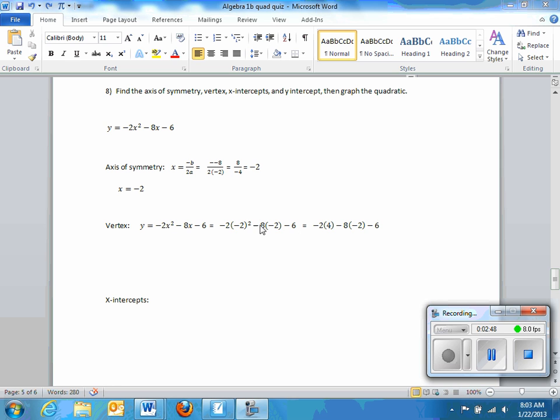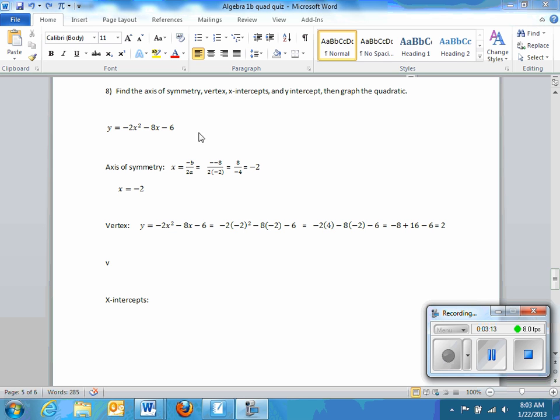I want to start off by figuring out what this is. Exponents first. So negative 2 squared is 4. I do the exponent before the multiplying or the subtracting. I could do the multiplying here, it gives me negative 8. Do the multiplying here, it gives me positive 16, and that's a negative 6.